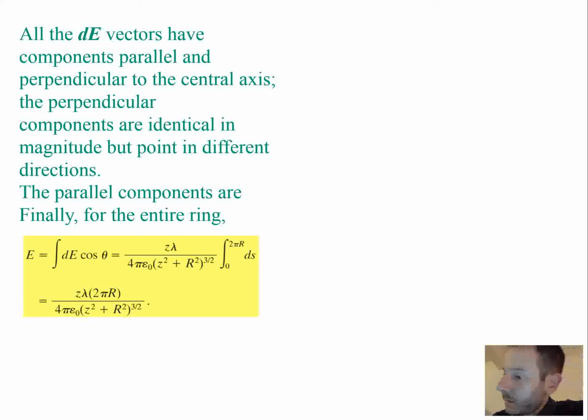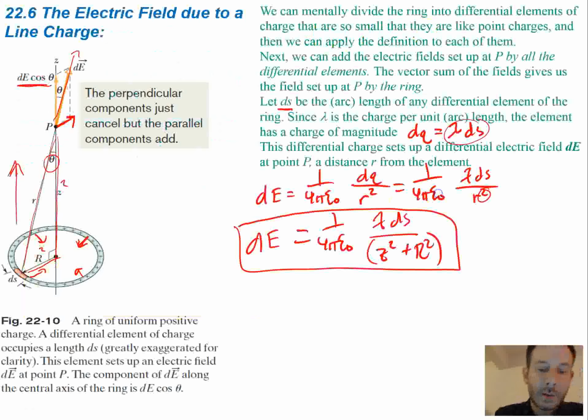So one thing we need to think about: really we have this dE, right? If we're just worrying about the x components, or the ones that are parallel, we can say it's dE cosine theta. Again, let's go back.